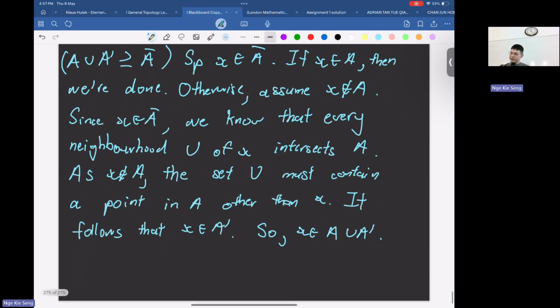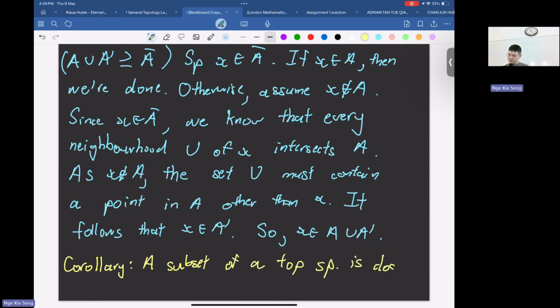So a corollary from here is that we recover the metric space property: a subset of a topological space is closed if and only if it contains all its limit points.